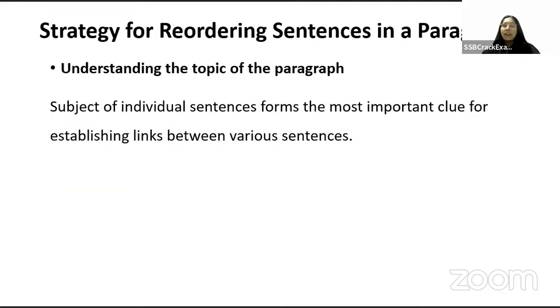Okay. And understanding the topic is absolutely important. ये तो हम सभी को पता है कि अगर हम एक पैराग्राफ की बात कर रहे हैं, किसी भी फॉर्म में आ सकता है, इस फॉर्म में आपको जंबल अप करके आ रहा है, so you need to understand the subject of individual sentences, form the most important clue, right? If you understood the topic of that particular paragraph, then 50% काम तो already done, ठीक है, because you understand half of the things that the person is trying to say. अगर आपको सब्जेक्ट ही समझ नहीं आ रहा तो obvious सी बात है, how would you even number them all together, then you will be confused and you will go for the option that you think I don't know, I don't understand, so I'll just go for this one.